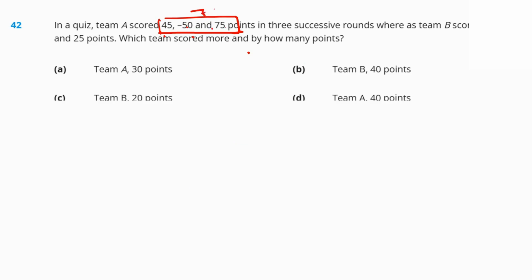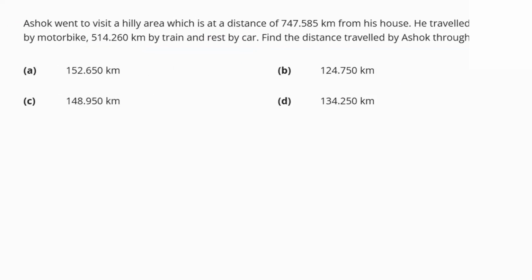Minus 5 plus 75, that's 70. Similarly, team B has scored minus 45 plus 50, that's plus 5, plus 25, that's 30 points. Who has scored more? Team A, obviously, by how many points? 70 minus 30, 40 points. Team A has scored more by 40 points. Option D is our answer.